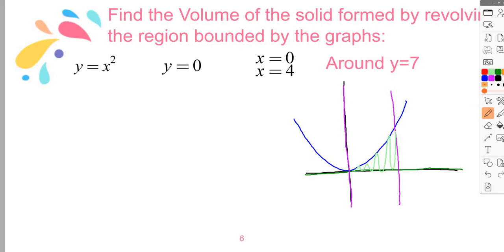Now, where is y equals 7 going to be located? So like, where is this point? 4, comma 16. So then where would 7 be in relationship to that? Below it, okay? So I'm looking at something like that.